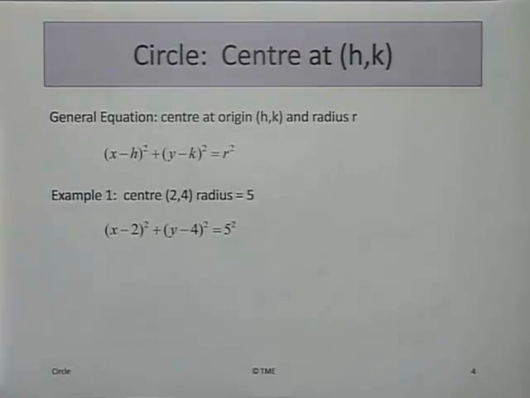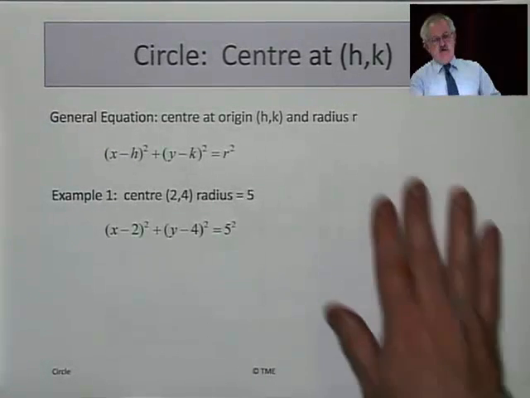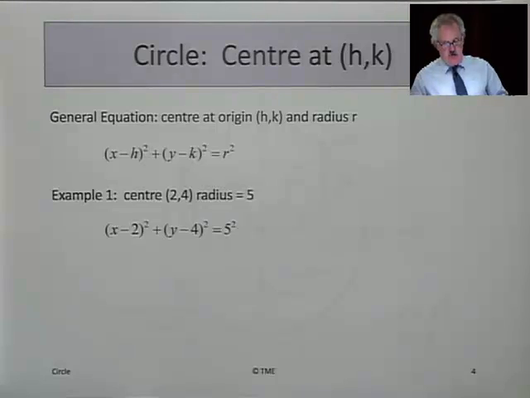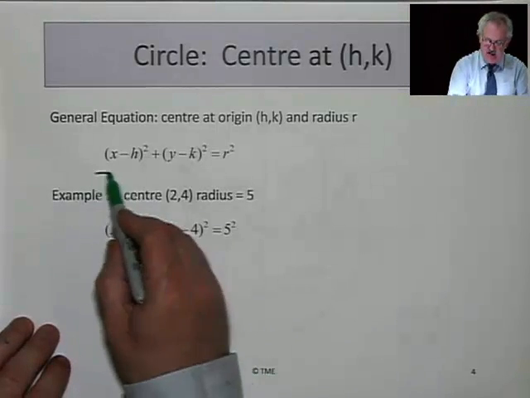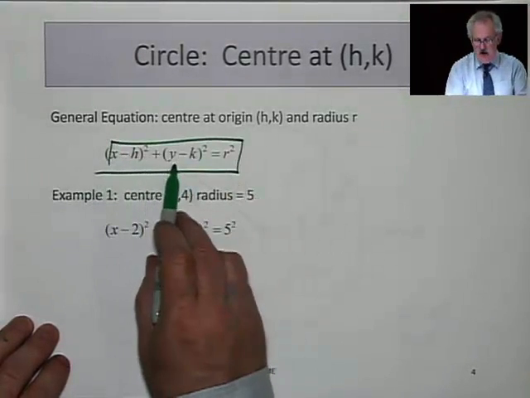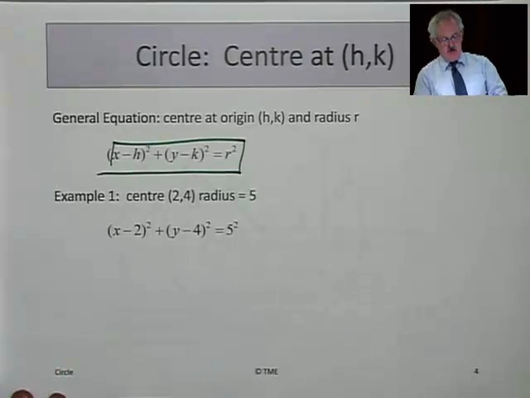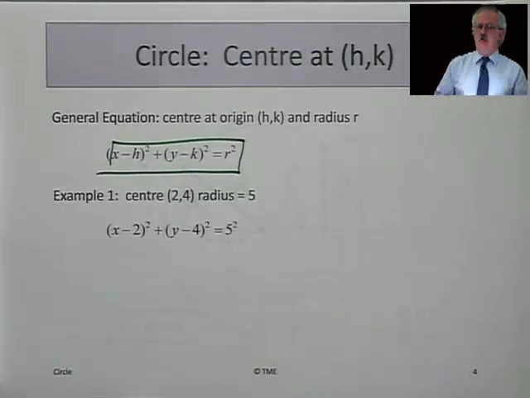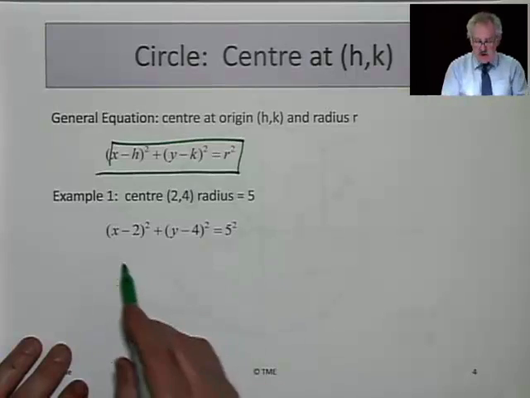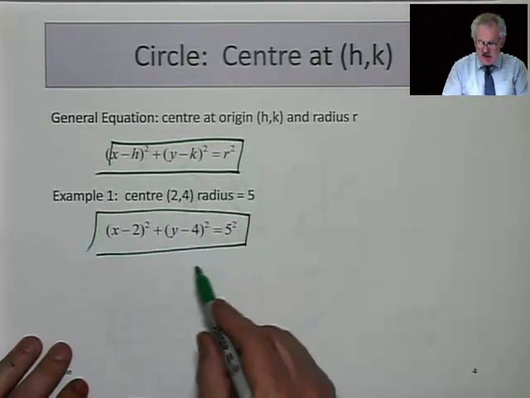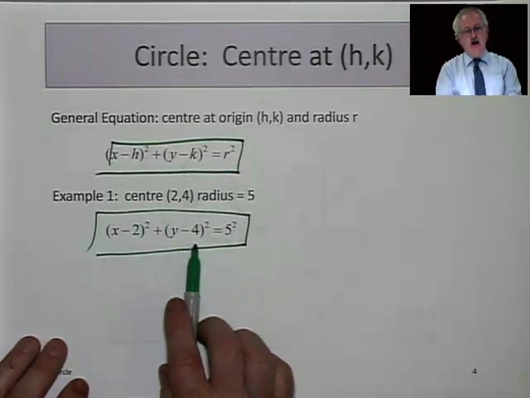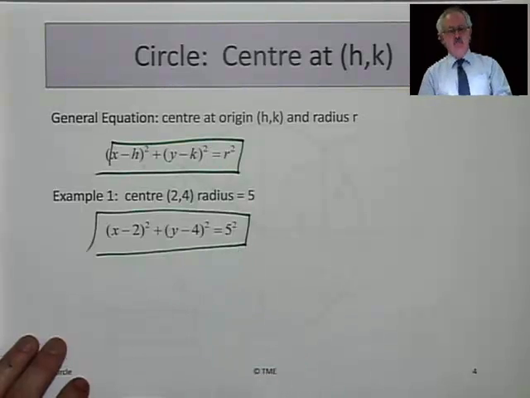A more generic circle is one that has its center elsewhere, not at 0, 0. The full formula for that is (x minus h) squared plus (y minus k) squared is r squared. Both of these are in your formula tables. And here's a specific instance: (x minus 2) squared plus (y minus 4) squared is 5 squared.